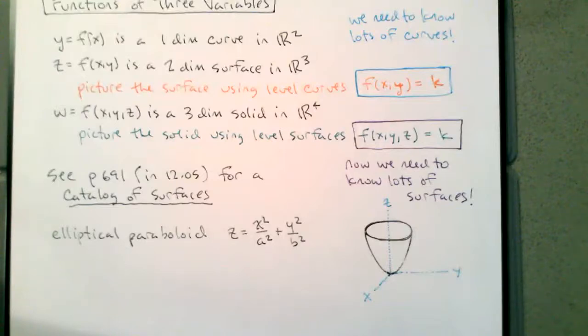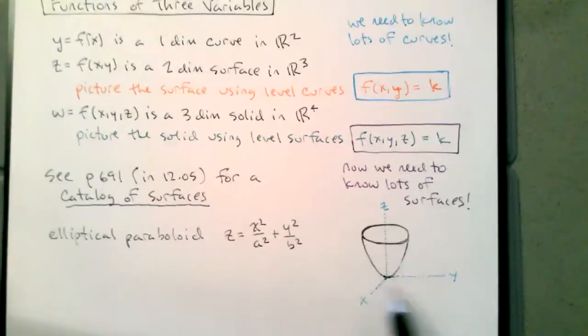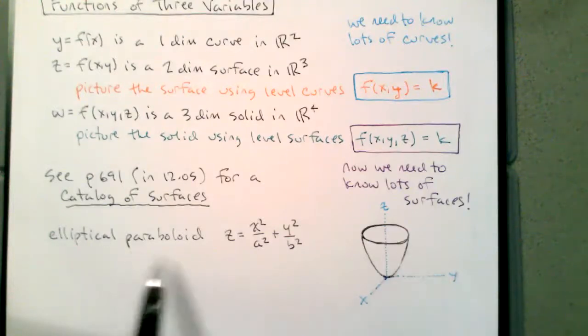That's going to be the floor, and above the floor we have this big paraboloid. The elliptical part is going to be the round part. So looking at it from the top down, we see ellipses, and looking at it from any side view, we see parabolas. But since it's a surface, we're looking at paraboloids.